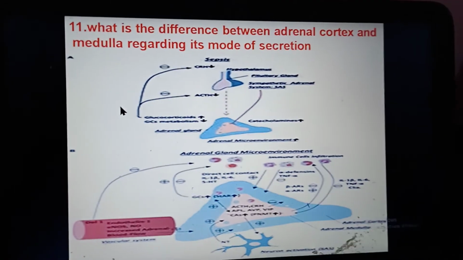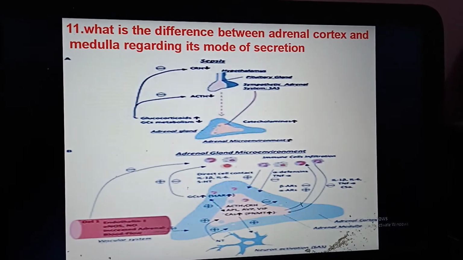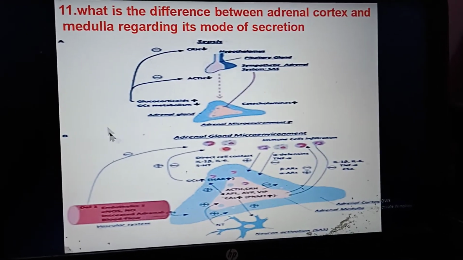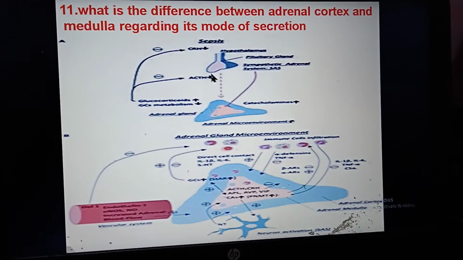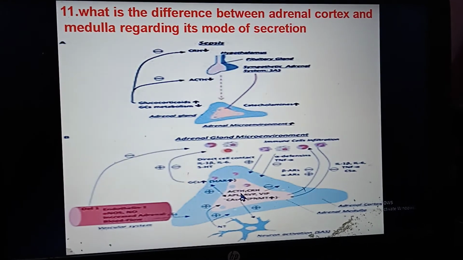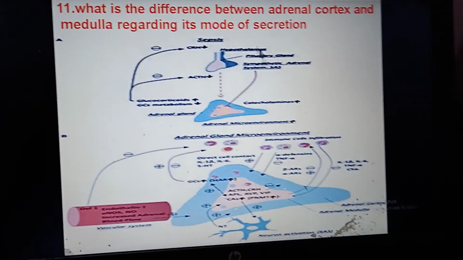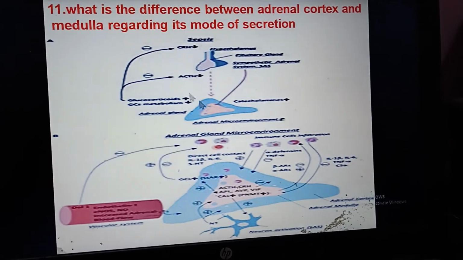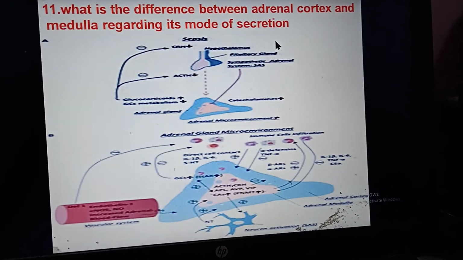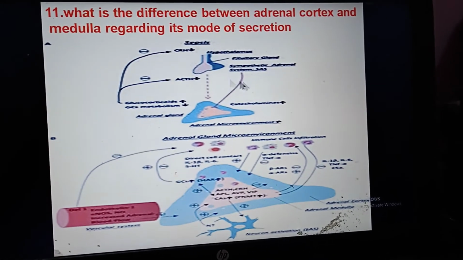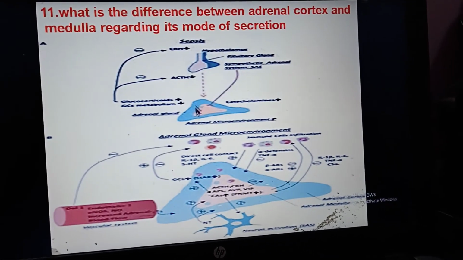Now, what is the difference between the adrenal cortex and medulla regarding the mode of secretion? Here we can see this is the mode of secretion of the adrenal cortex and this is of the adrenal medulla. In the adrenal cortex, it's just like our kitchen. Whenever needed, the product is formed, that is the mineralocorticoid, glucocorticoids and the sex hormone.